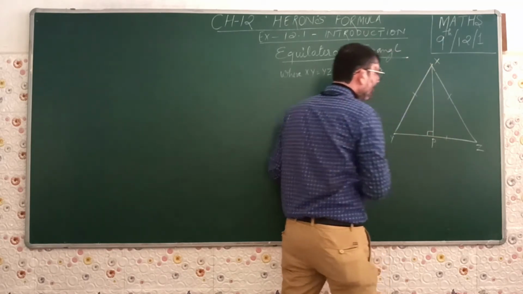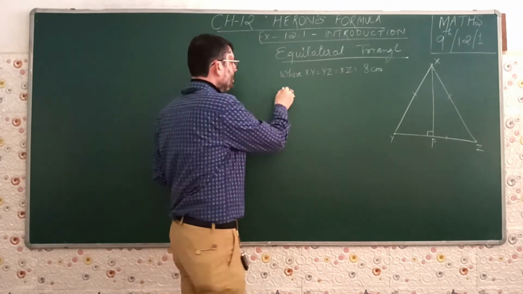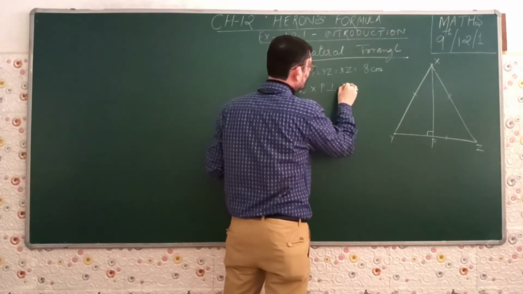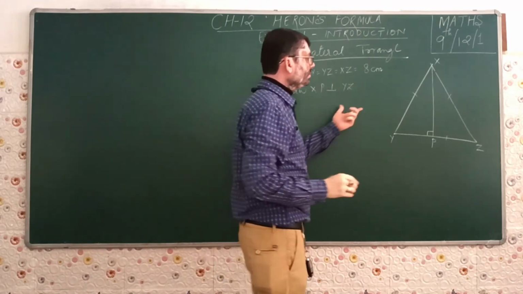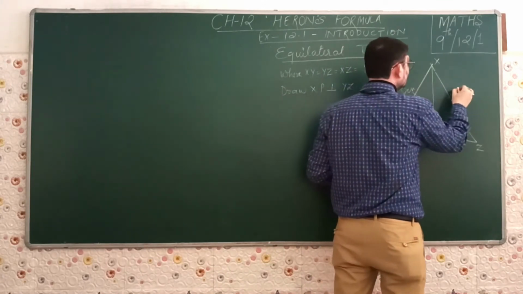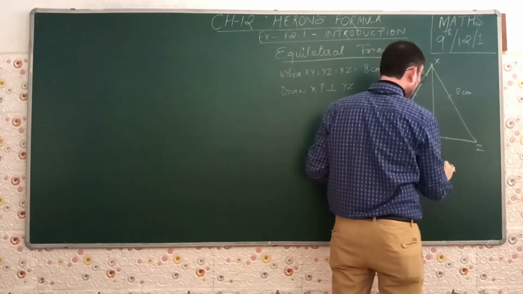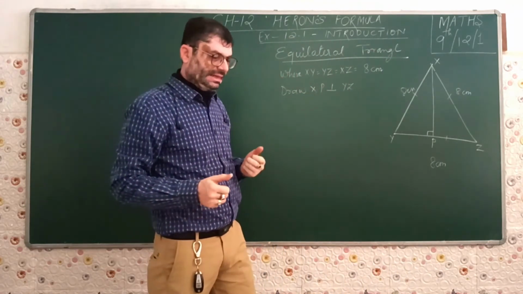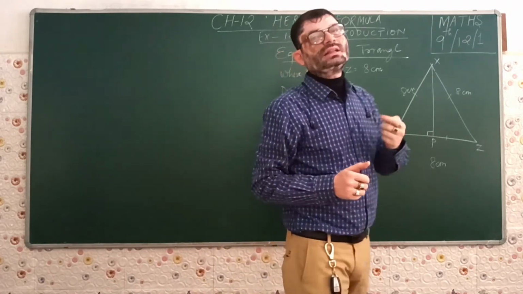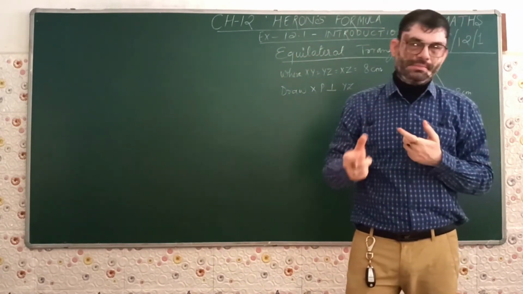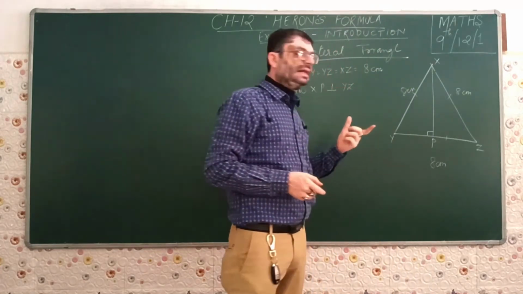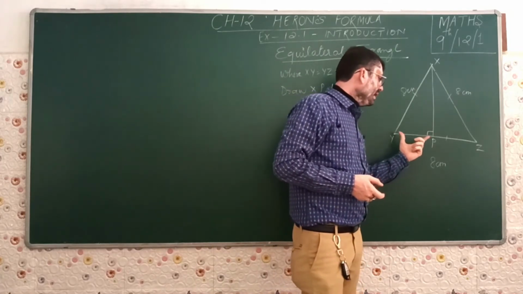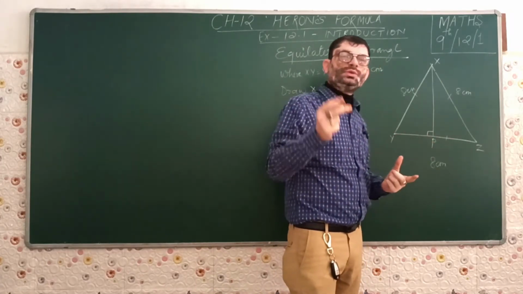Say this will be P. Now we have drawn an altitude. We will have to draw XP perpendicular to YZ. Now this side is 8 centimeter, this is also 8 centimeter, and the whole XZ is also 8 centimeters. In an equilateral triangle, there is a speciality that the median and the altitude are the same. What is a median? Median means that line that divides the side into two equal parts.